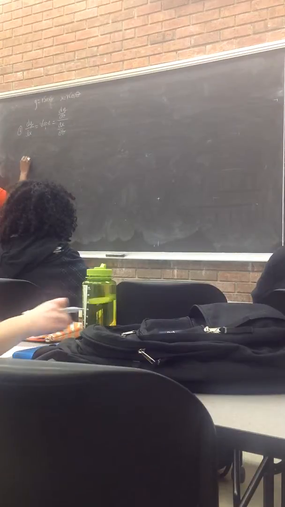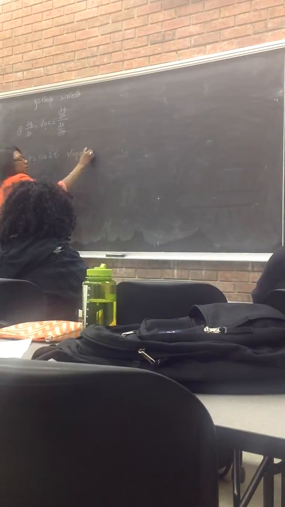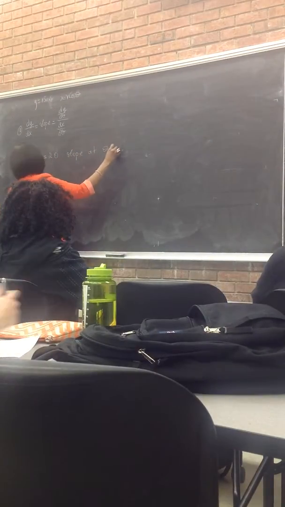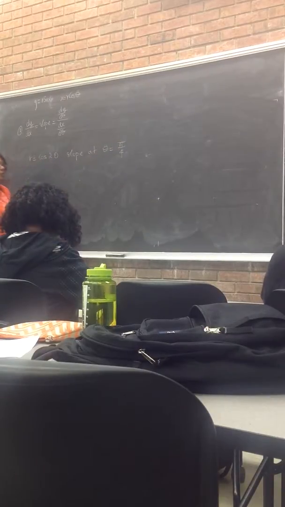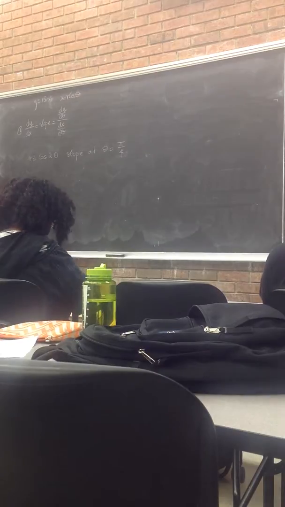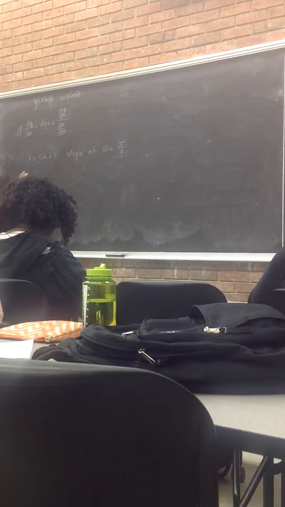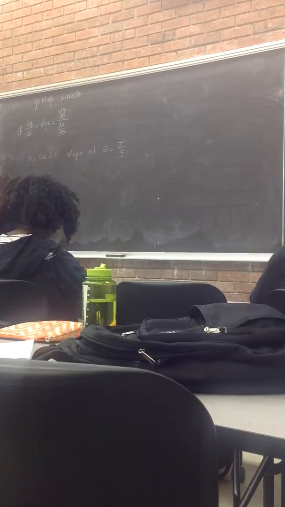Example 1: given a curve r equals cosine of 2 theta, you want to find the slope at the point where theta equals pi over 4. First of all, we have to write y and x. Remember, y equals r sine theta, and x equals r cosine theta.